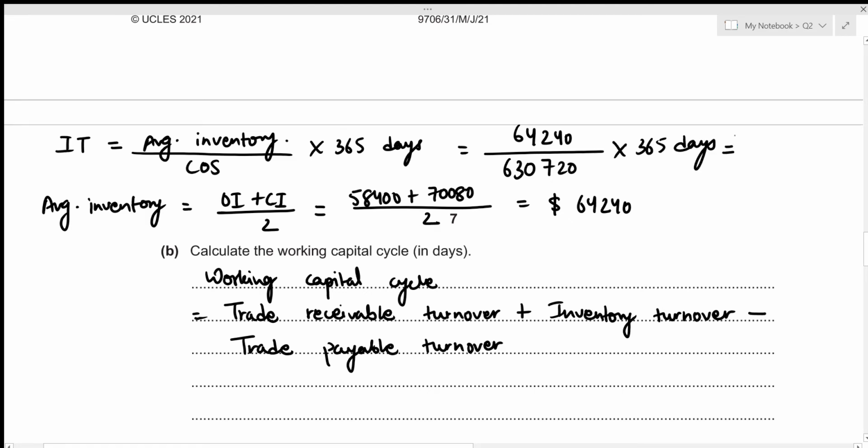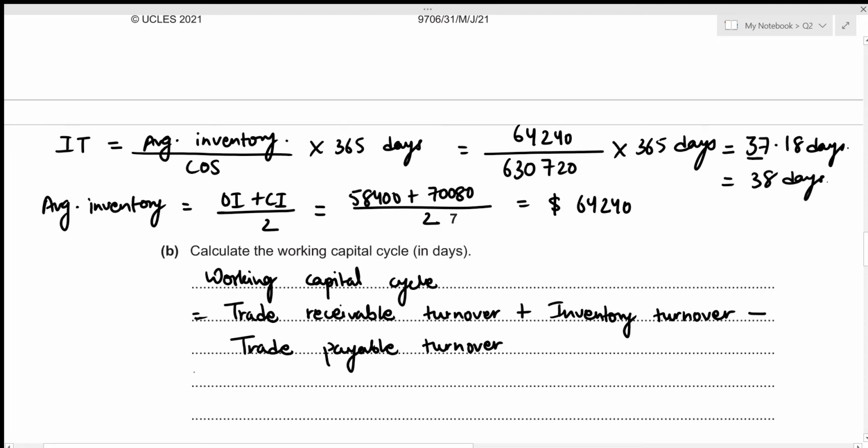So the inventory turnover is just going to be 64,240 divided by 630,720 times 365, which results in 37.18 days. And since we're talking about days, we need to round it off. And whenever there is a decimal while figuring out the number of days, we always round it off one number above. So if there's a 37, we round it off to 38 days.